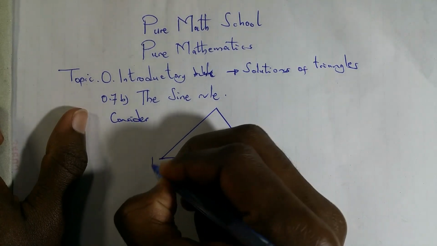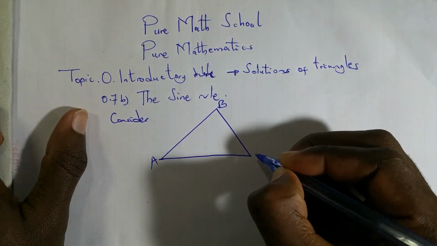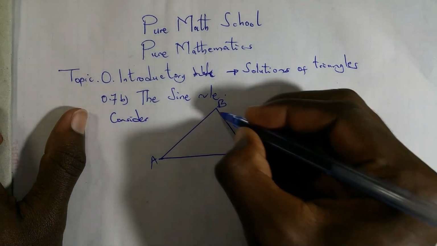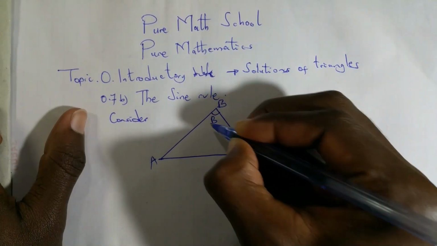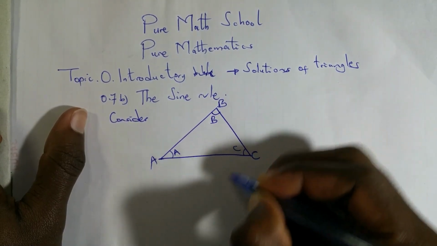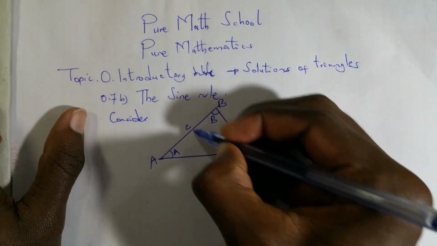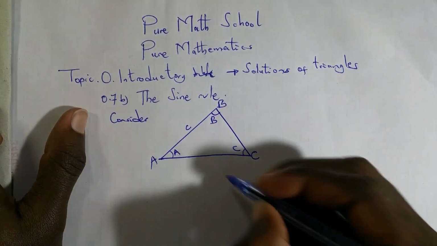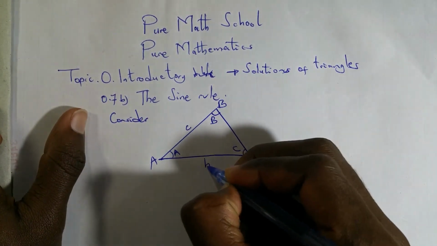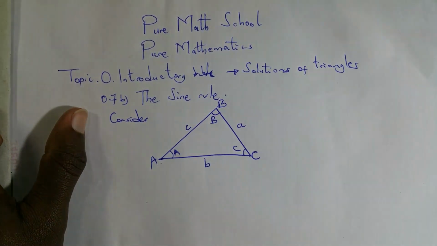We can name these vertices A, B and C. Then that means here we have angle B, here we have angle A, here we have angle C. Then let's say the sides opposite to the angles in lowercase, like this: opposite to this C is lowercase c, opposite that angle B is lowercase b, and that A is a lowercase a.